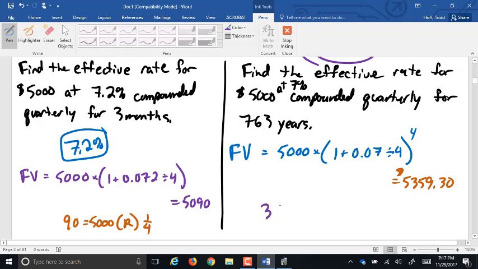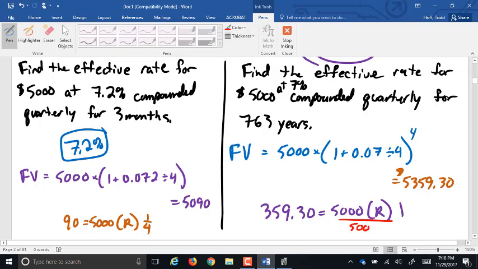So our interest is 359.30 equals 5,000 times R times 1.